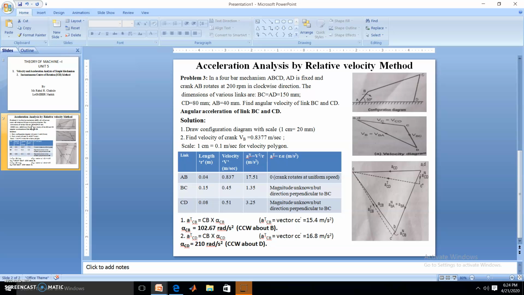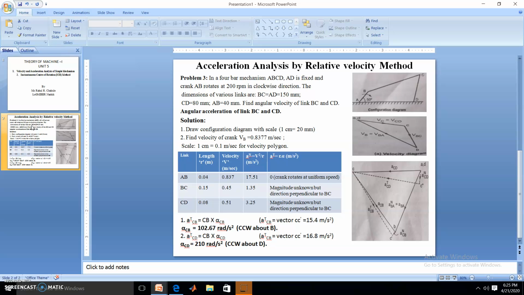By the same formula, that is V is equal to R omega, that we have discussed in problem number 1. After keeping the value of omega, which is 2 pi N divided by 60, where RPM is given 200, you multiply that value by the length of crank, and you will get the velocity of crank AB.